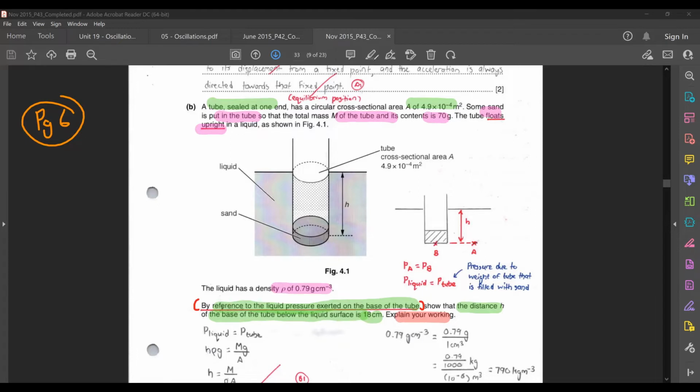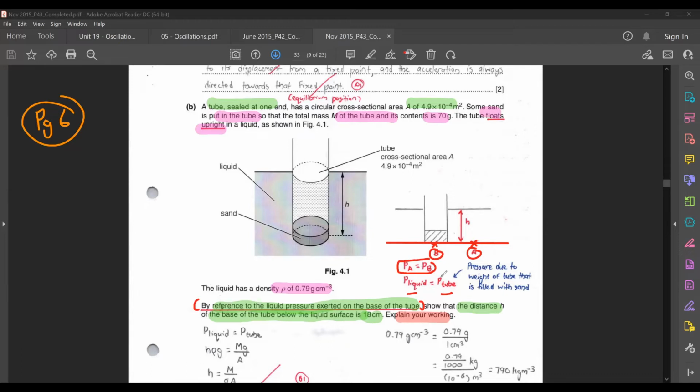If I have something that's being submerged inside a liquid, if I just consider one particular depth below the liquid, I can say that the pressure at point A is the same as pressure at point B. Pressure at A is the pressure due to the liquid. Pressure at B is actually the pressure due to the tube. So this one is pressure A equals pressure B here now.